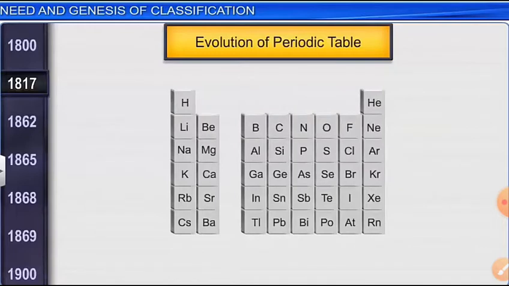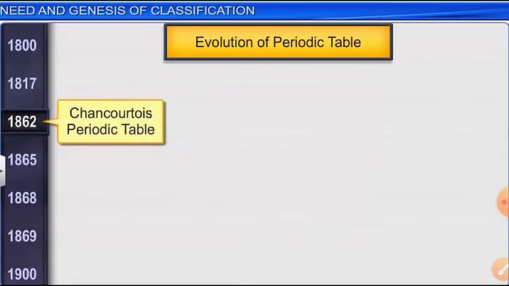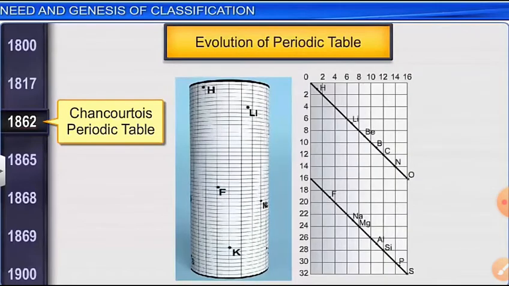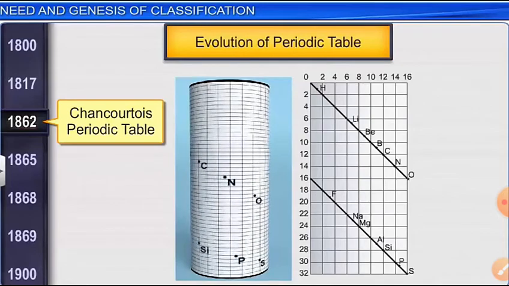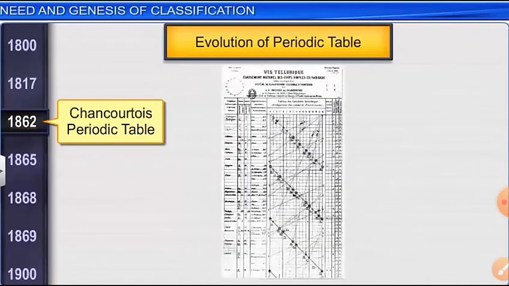In 1862, the next arrangement of elements was done. We have in 1862 the Chancourtois periodic table, in which the elements are arranged in a cylindrical form, placed in a cylindrical manner according to their geological properties, not the physical and chemical properties.